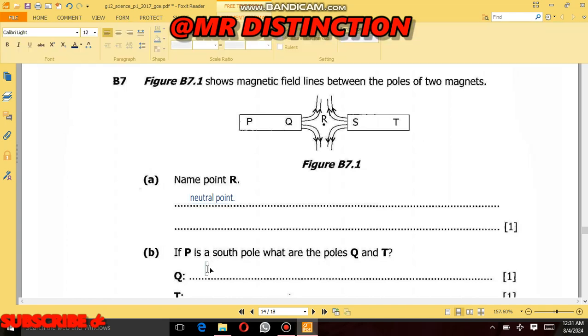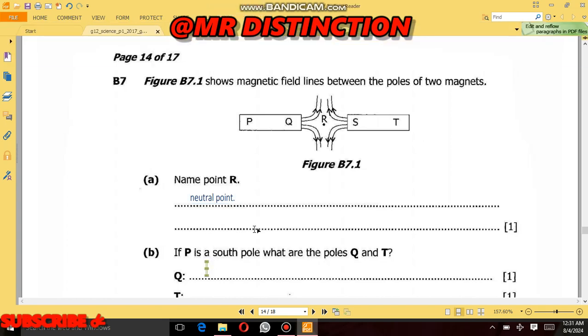Let's go to question B. We have been asked that if P is a south pole, what are the poles Q and T? These two poles, this one and this one.